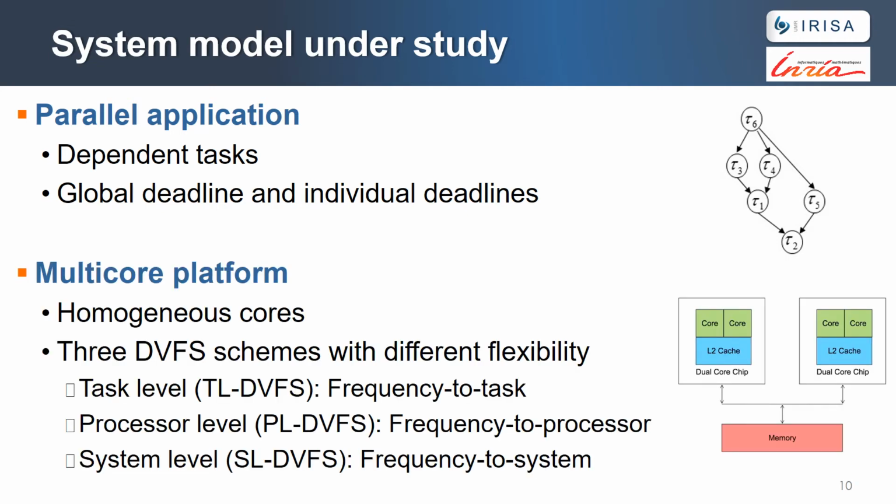We consider 3 DVFS schemes based on the frequency assignment, that is task level DVFS, where each task is assigned one frequency; processor level DVFS, where each processor is assigned one frequency; and system level DVFS, where all processors in the system are assigned one frequency. Obviously, the flexibility in frequency assignment among these 3 DVFS schemes decreases from task level to processor level and to system level DVFS.